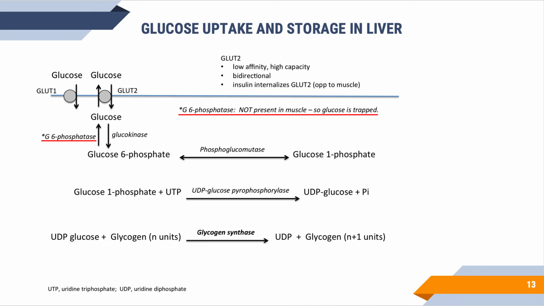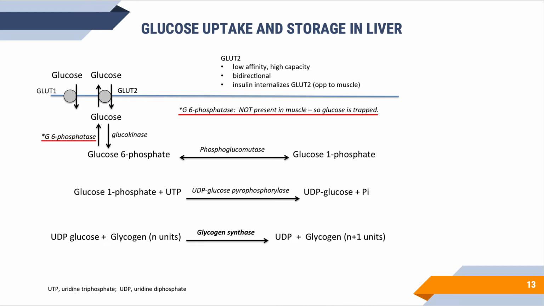Key differences, though, we'll see that GLUT1 and GLUT2 are the transporters involved in glucose uptake as well as glucose released back into the circulation through GLUT2 for the liver. And importantly, glucose 6-phosphatase is present in the liver but not in skeletal muscle.